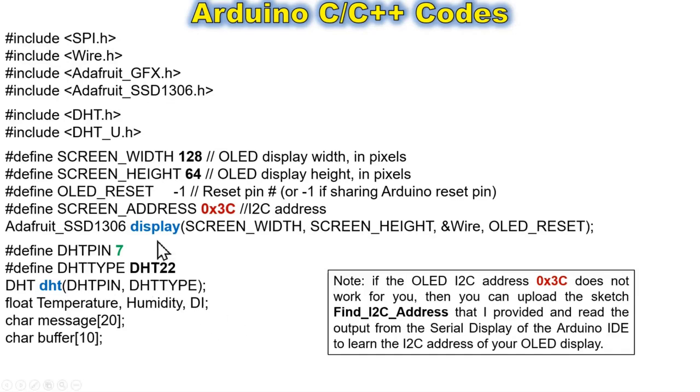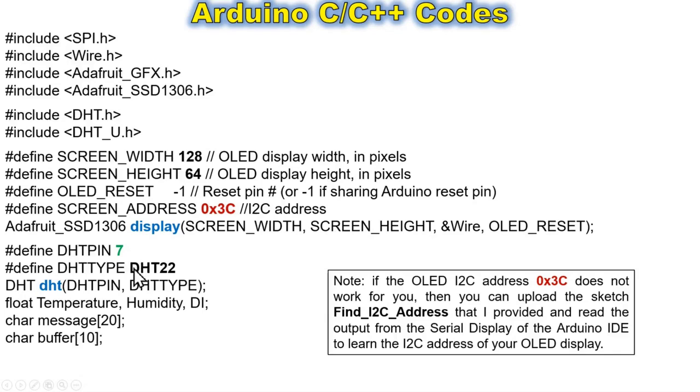Next, we instantiate the class Adafruit_SSD1306 and declare an object named display, and pass some arguments such as the screen width, screen height, the variable Wire, and then the OLED reset. The assigned data pin for the DHT22 module is digital pin number 7, and you can change to a different digital pin number.